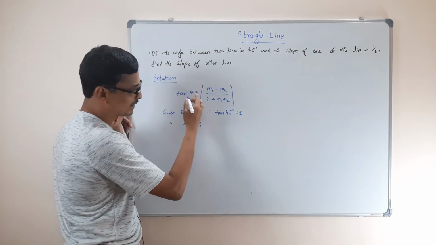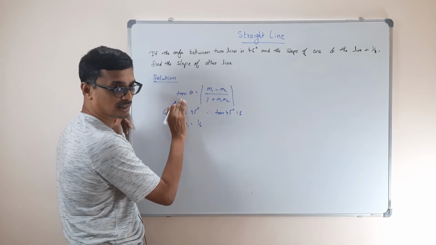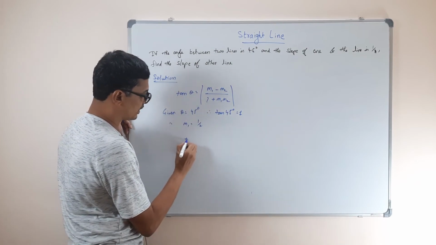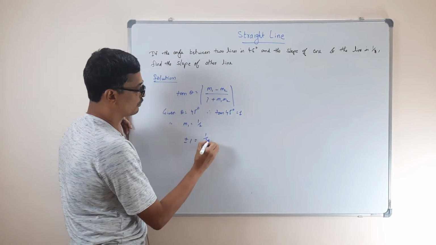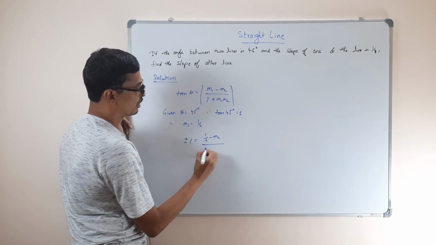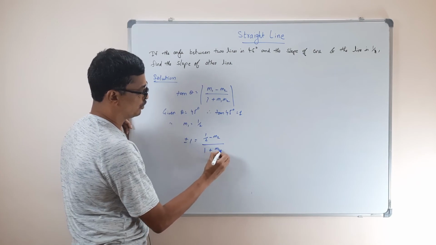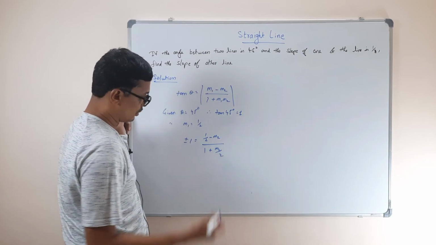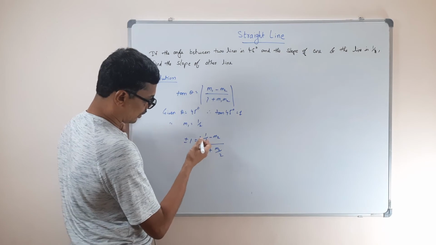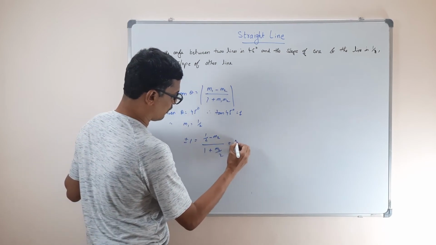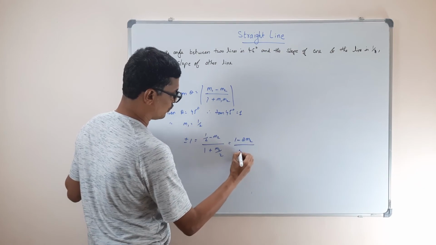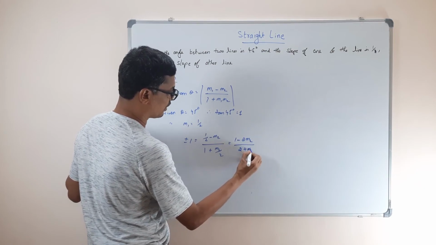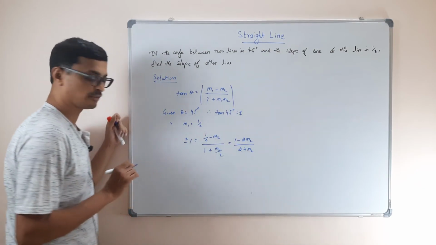So now this is mod, so this can be plus or minus, correct? So that means plus or minus 1 will be equal to half minus M2 divided by 1 plus M2 by half. If I take 1 by half outside, this is going to become 1 minus 2M2 divided by 2 plus M2. Am I right? Because the 2 will get cancelled off.